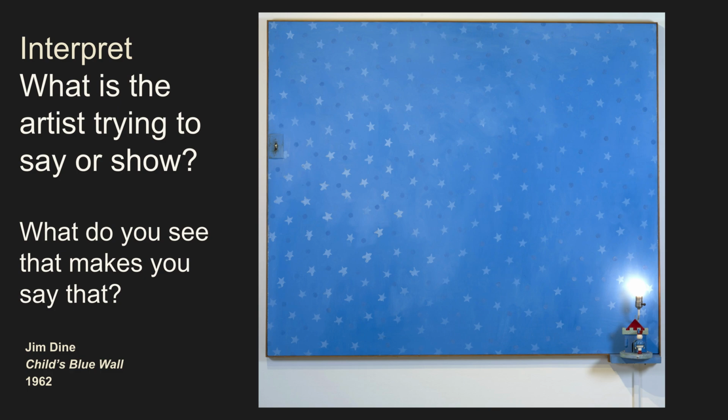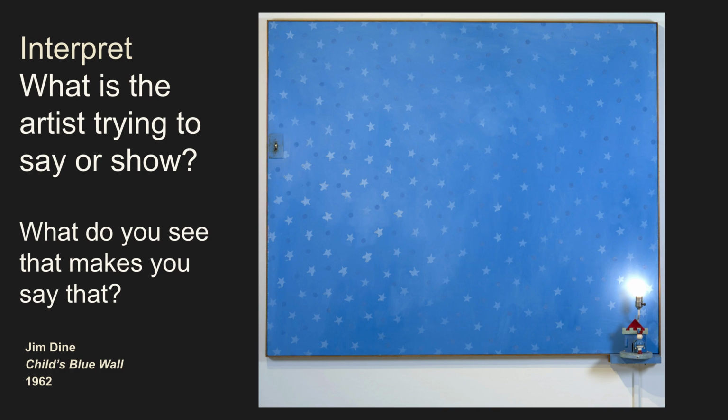So knowing what we know about Jim Dine, he is a pop artist, so he does things from everyday life, and his artwork also references his childhood. I think that this artwork here is supposed to look like a wall from maybe his childhood bedroom, or just in general a child's bedroom. And we also do have the title that kind of helps us.